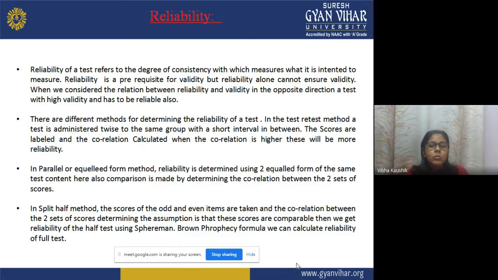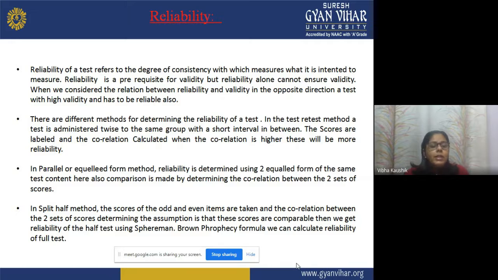I will get some scores. After some time, I will again administer the same test to the same group of people, then again I will get some scores. If the scores that I got after administering the A test and after administering the B test are somewhat similar, then only I will say that this is a reliable test.